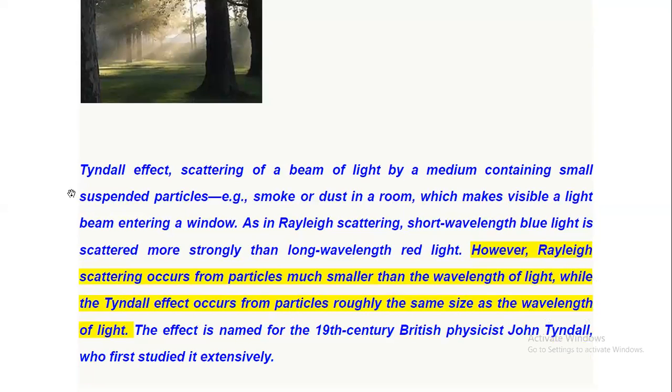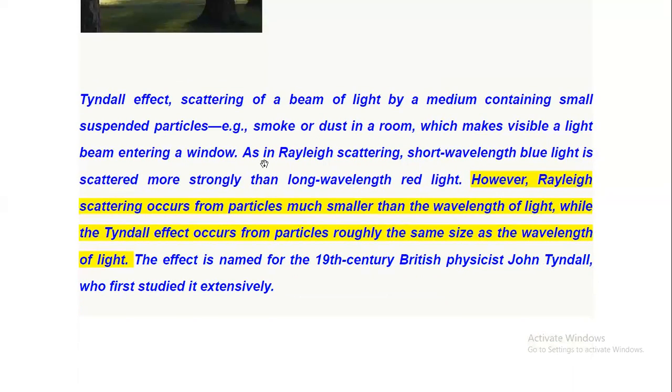So I'm repeating again, the Tyndall effect is the scattering of a beam of light by a medium containing small suspended particles like dust or smoke in a room that makes visible a light beam entering a window. Now, as in Rayleigh scattering, I hope you have heard about Rayleigh scattering, where short wavelength blue light is scattered more strongly than long wavelength red light.